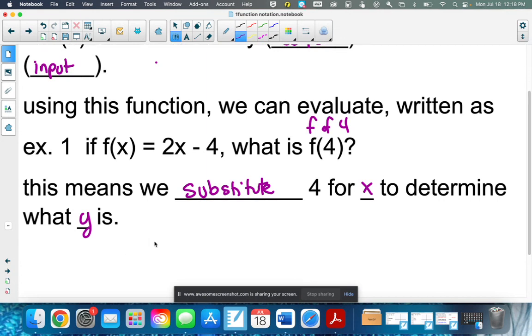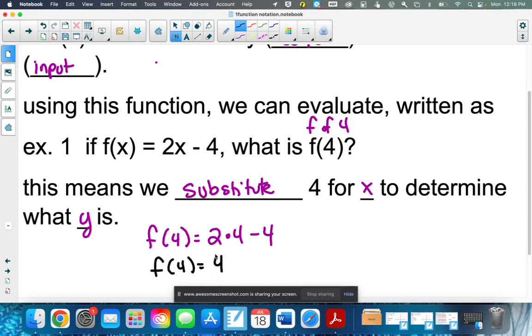All right, so let's go ahead and do that now. f of 4 means we're going to do 2 times 4 minus 4, because that is 2 times x. So 2 times 4 is 8, minus 4 is 4. So my output is 4 when my input is 4.